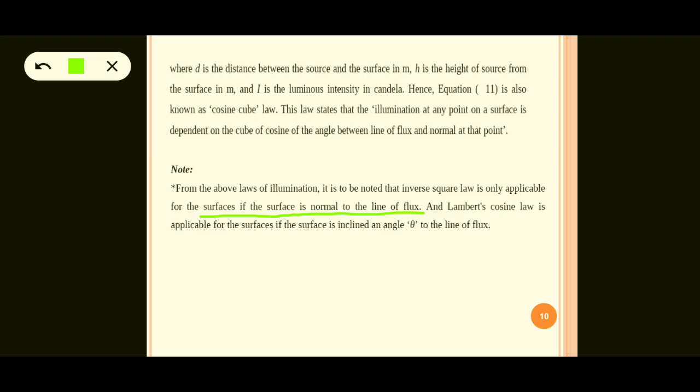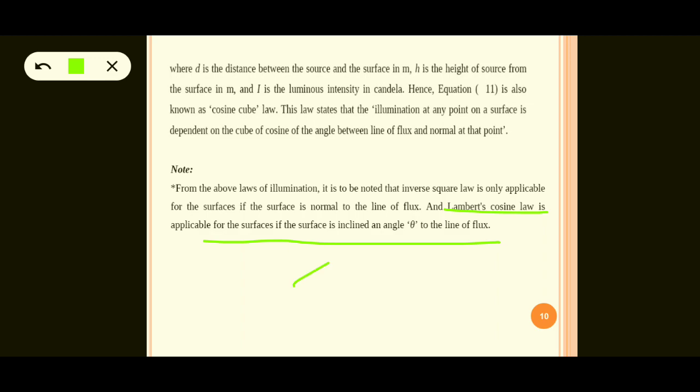And the second law, Lambert's cosine law, is applicable for surfaces if the surface is inclined at an angle theta to the line of flux.